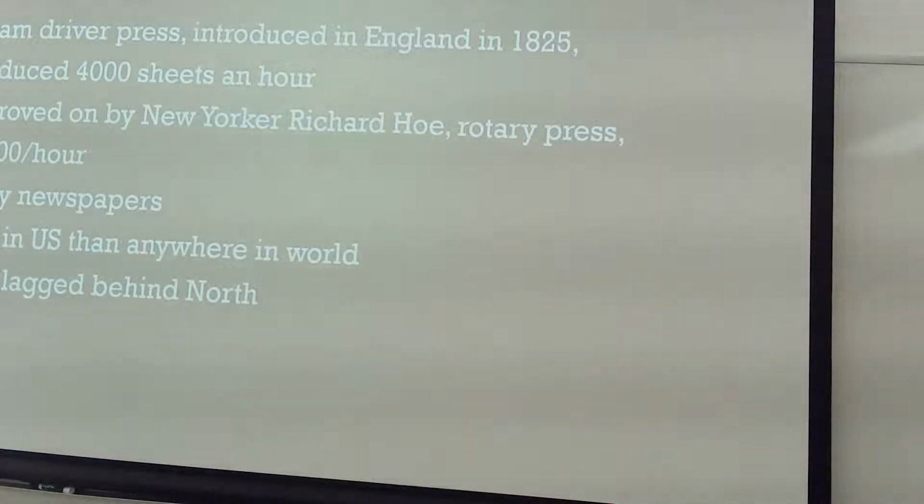And American inventor Richard Hoe from New York invented what was called the rotary press. That's the one you sometimes see in old movies where they're cranking it and it's just spitting newspapers out. And it really did spit them out. 20,000 sheets an hour. So 5 times improved.